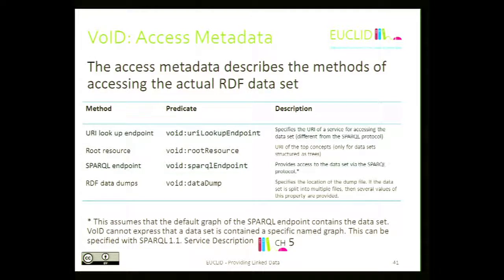Okay, another part, as just stated, of VoID is the access metadata. Where do we get this stuff from, and can we interact with it? Okay. The interaction, the most important part, the third principle in linked data, is if you've got the URI for something, you should be able to look it up.